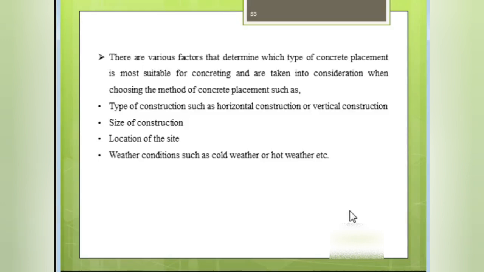Then location, where we have to place the concrete: for example, whether it is underwater concreting or a high-rise building. Weather condition: whether concreting is going on in cold weather or hot weather. With these points we can choose the method of placement of concrete.